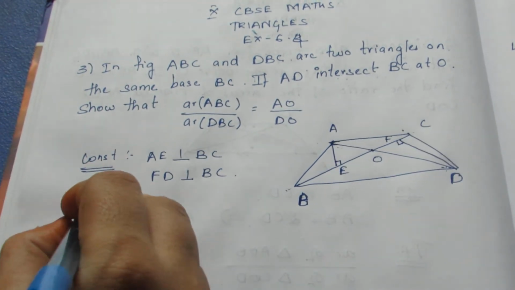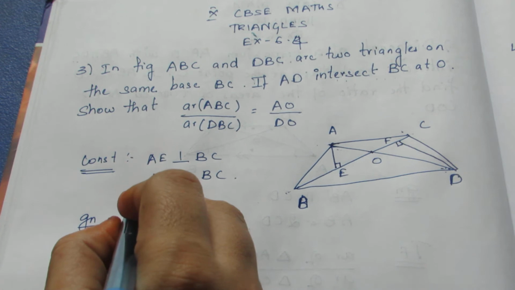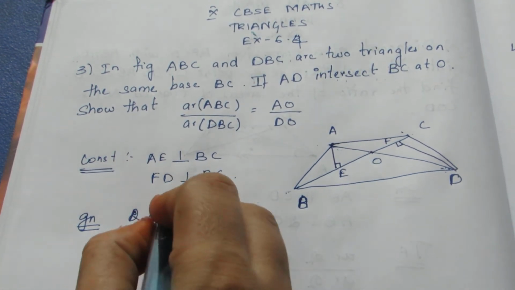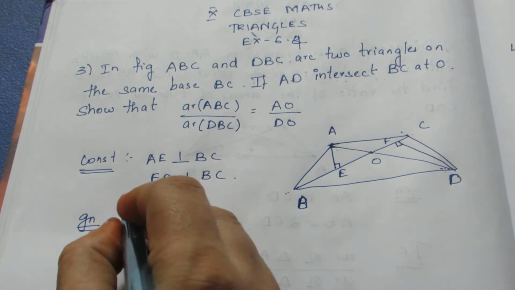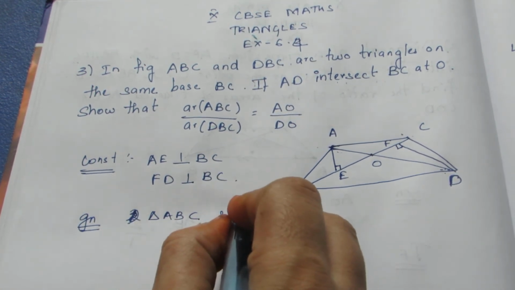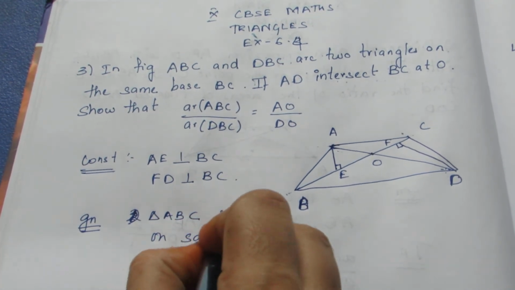Now in the given, two triangles ABC and DBC are on the same base BC.